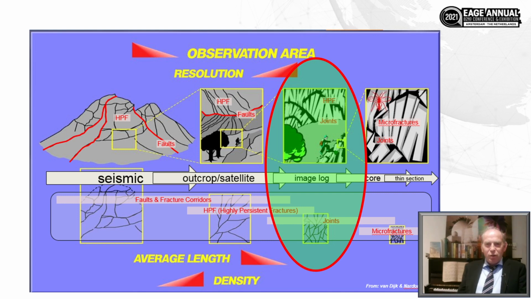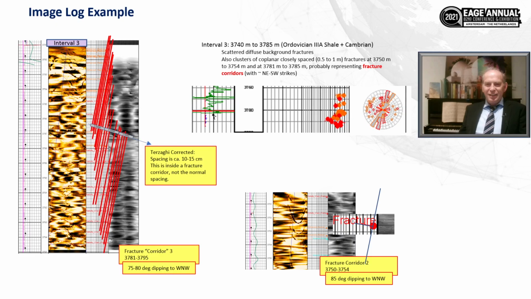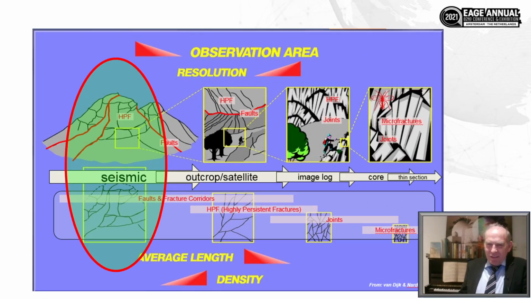Next, we take a look at the data from the image logs. Few image logs are available, but most of the logs show fractures present along fracture corridors with densely spaced fractures. Next, the available information on the larger scale from the subsurface on the 3D seismic.